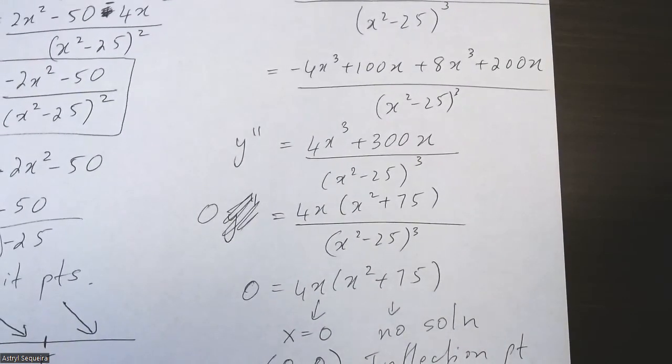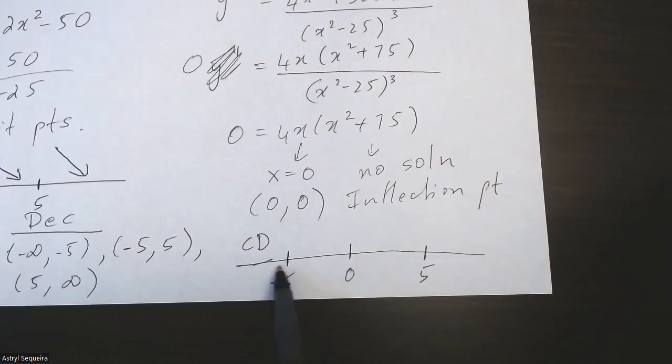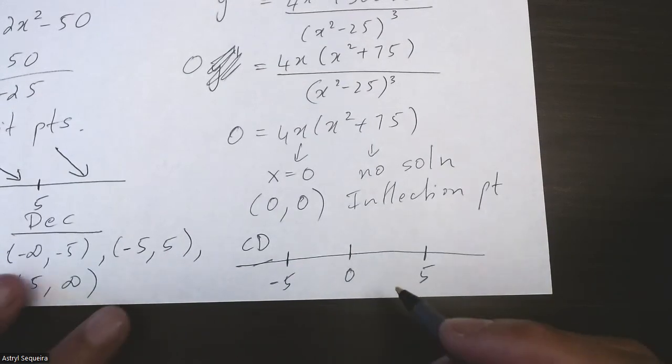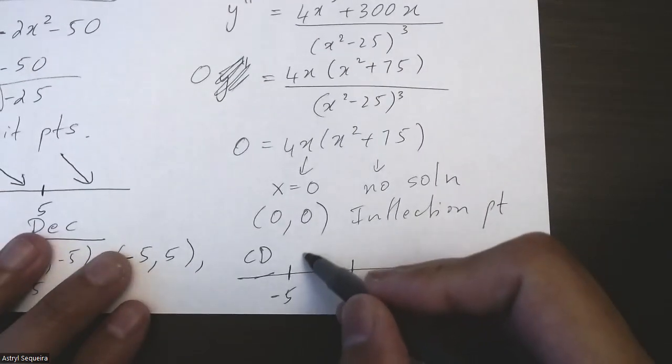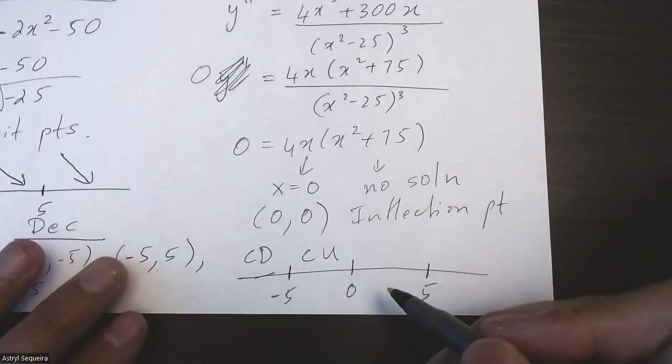Next, I'll sub in a value between these two. So I'll sub in a negative 1. And if I sub in negative 1, I'll get a positive value. It's a very small decimal value, 0.02, but it is still positive. So this is going to be concave up.